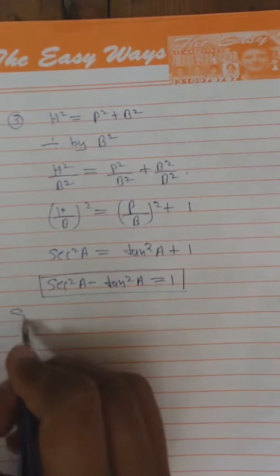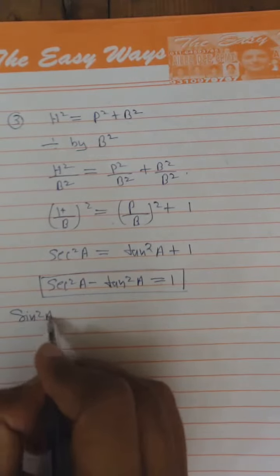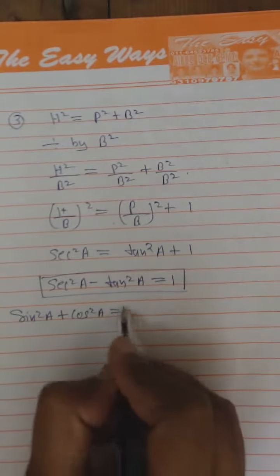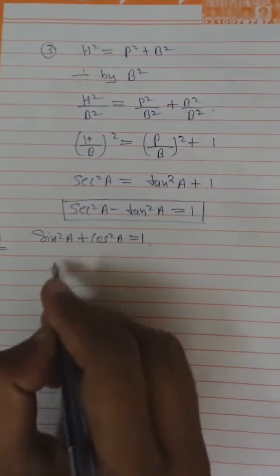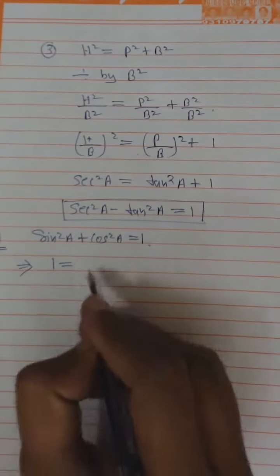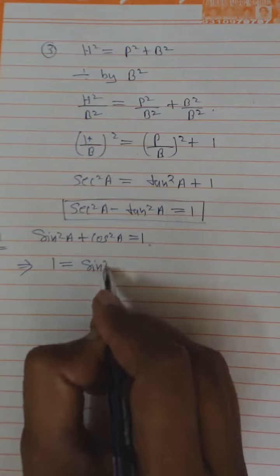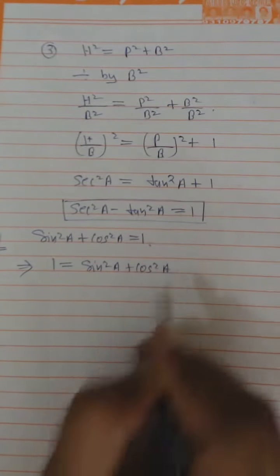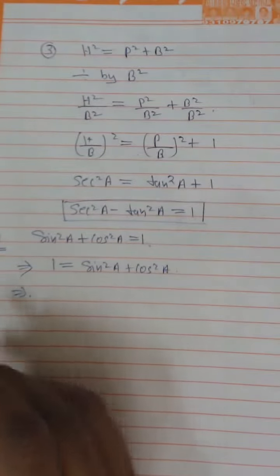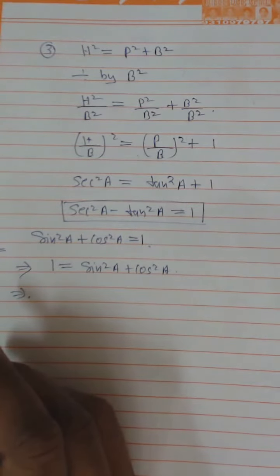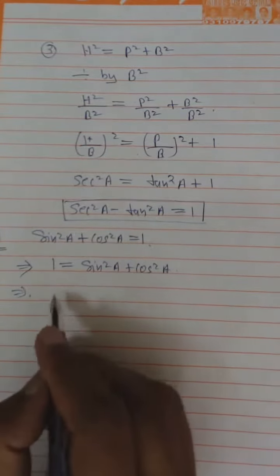First one is sin square A plus cos square A is equal to 1. How can we use this identity? In place of 1, I can put sin square A plus cos square A. Okay, I am giving you the possibilities. You have to check where you can apply them.